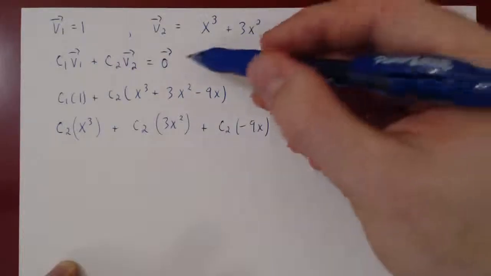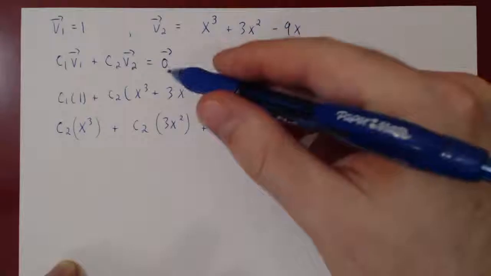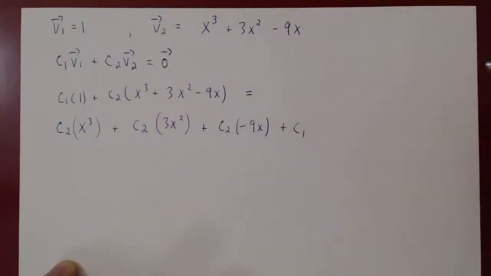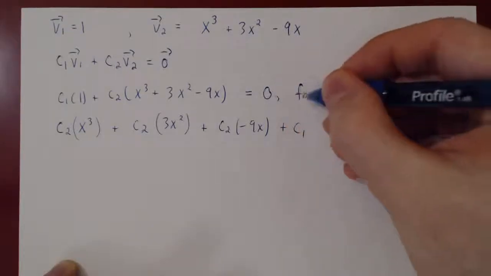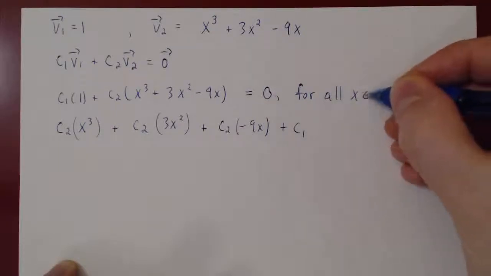And if you think of it, this is equal to the zero vector, but the zero vector is the zero element of your space. We have a space of polynomials. The zero element is the zero polynomial. This must be 0 as the zero polynomial, therefore 0 for all real values of x.